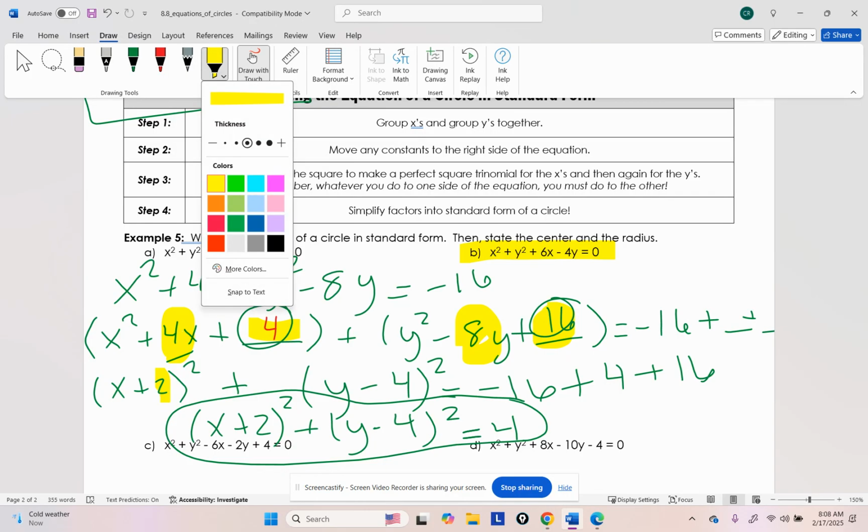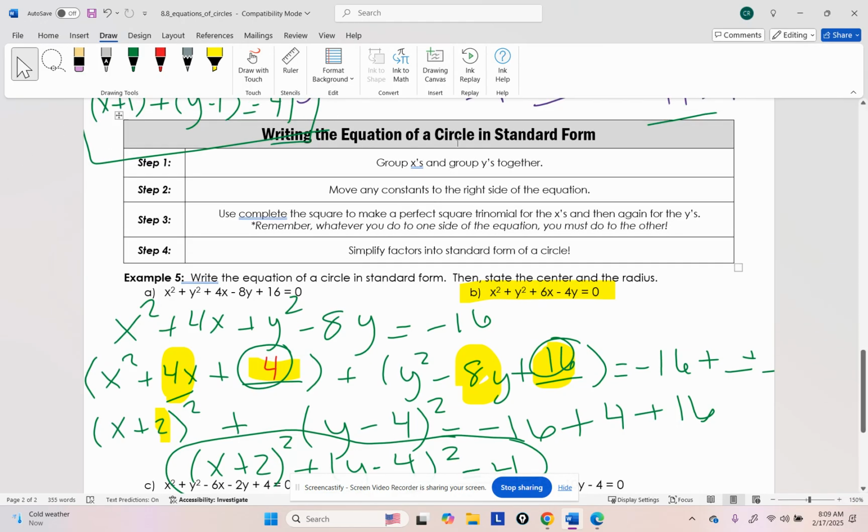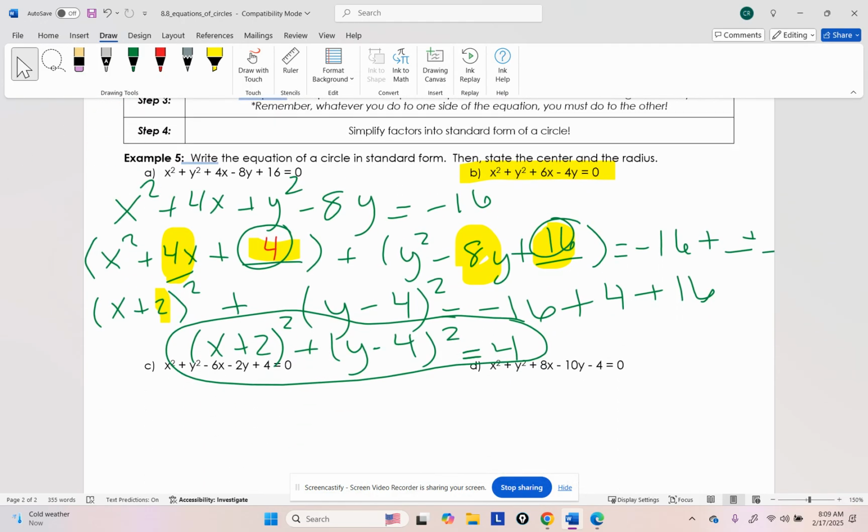We'll go over more examples of those, but I want you to try to do B and try to do C and see if you can get the answer there.